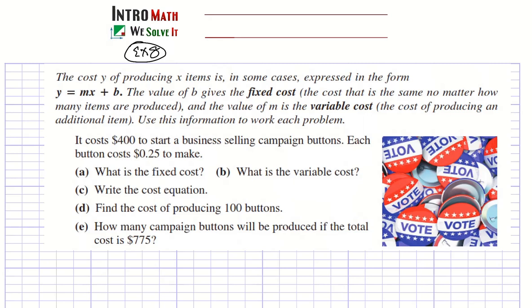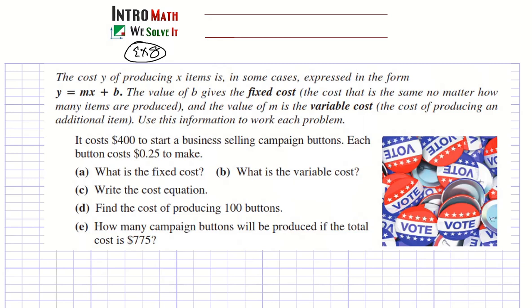And then what of electricity you're going to use? You have to use electricity, water, the internet. So depending on what you're producing in that factory, the amount of electricity you use varies every month.